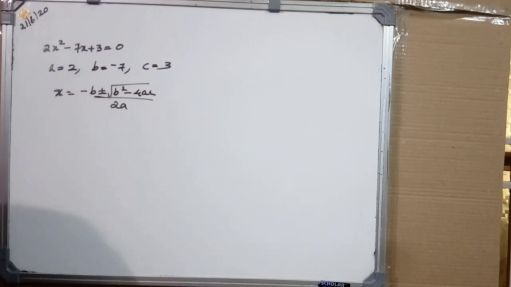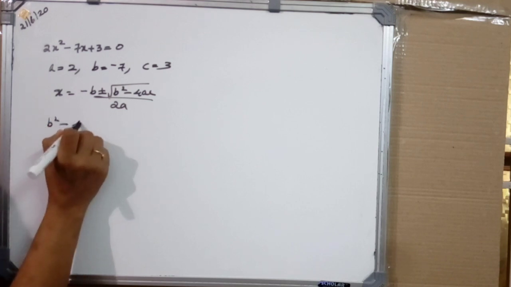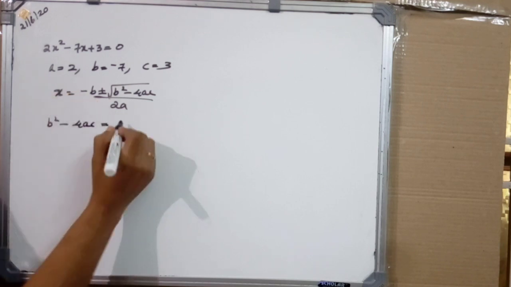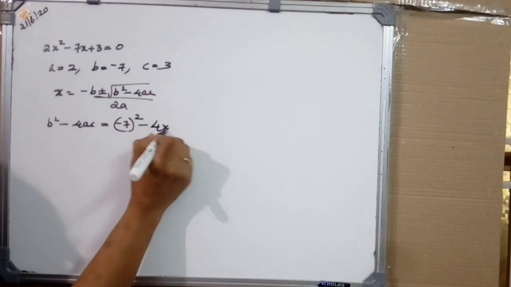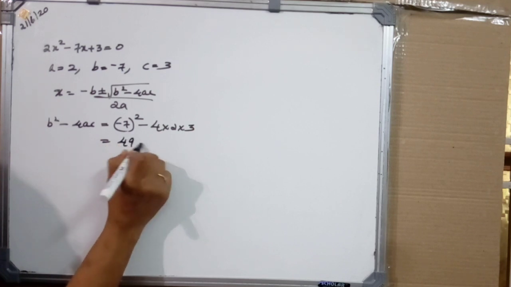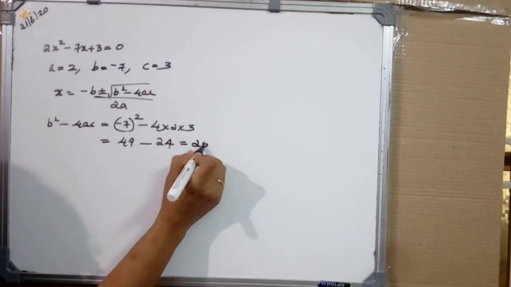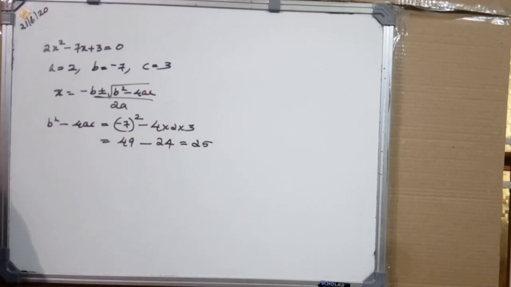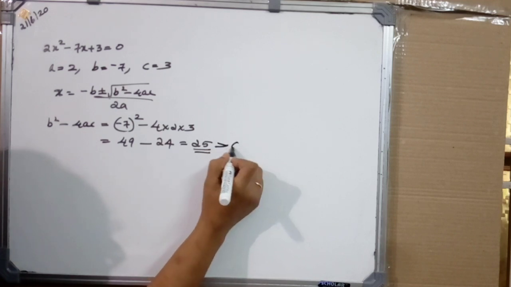Now look at the value of b square minus 4ac. b square minus 4ac equals (-7) square minus 4 into 2 into 3. That is 49 minus 24, equal to 25, which is greater than 0.